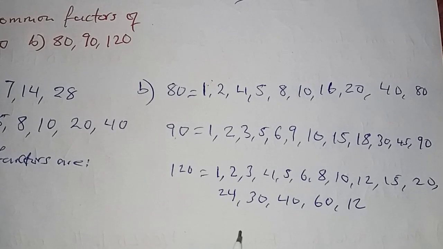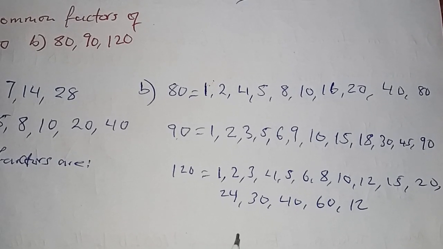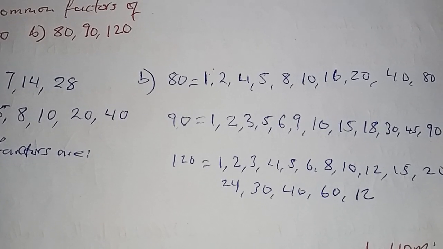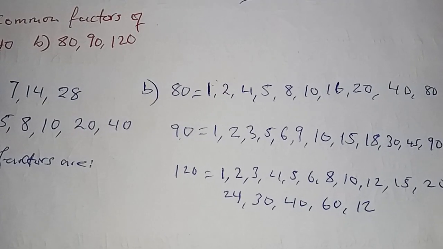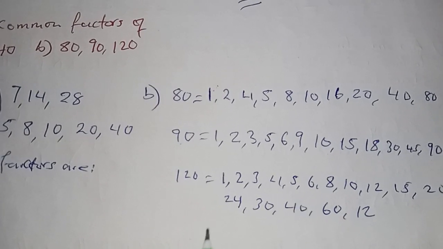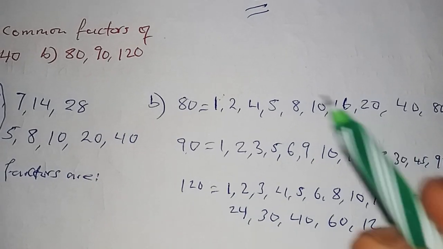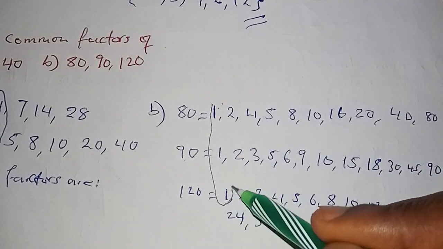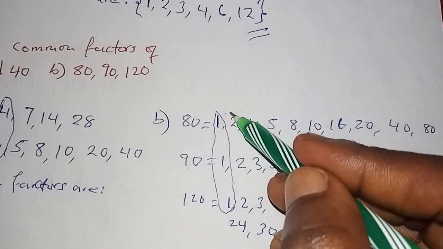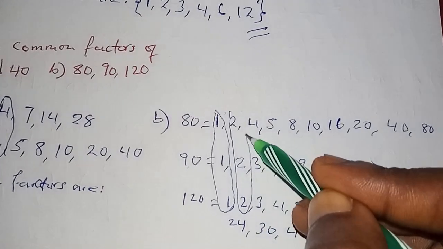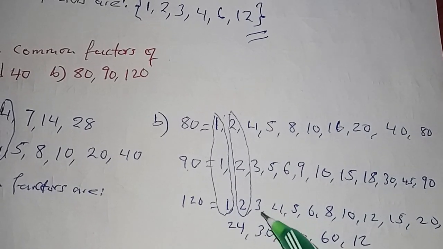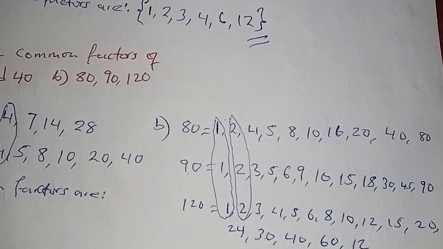Okay, so now we have listed our numbers. The question says to find the common factors, so only the common factors you're going to find. We have 1, we have 2, 3 is not in all of them, so we cannot take 3.